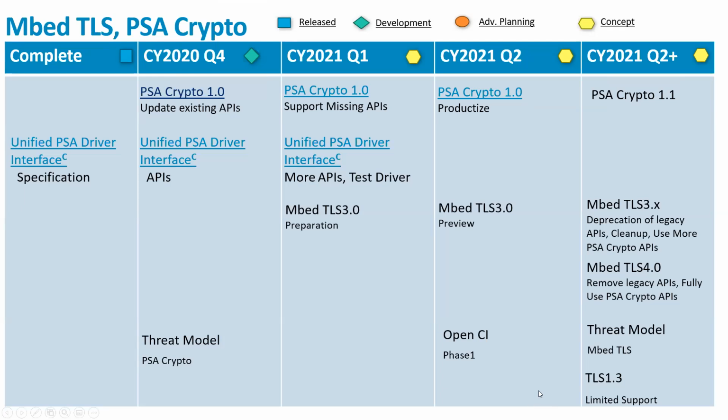Our view is hopefully by middle part of next year, at least there'll be some limited support for TLS 1.3, if Hannes and Hanno don't get hugely distracted. So it won't be supporting all the features that TLS 1.3 has in the specification, but it will have the fundamental things that are required for a device manufacturer to claim support for 1.3.